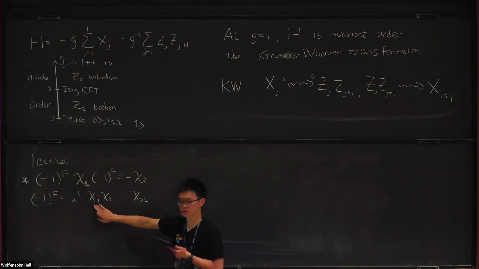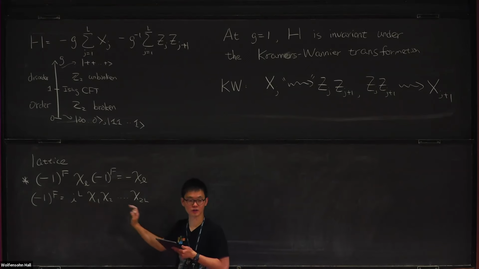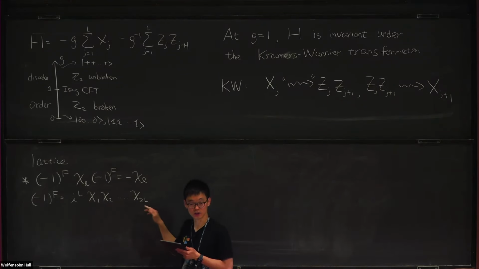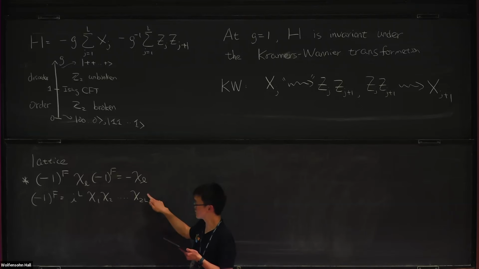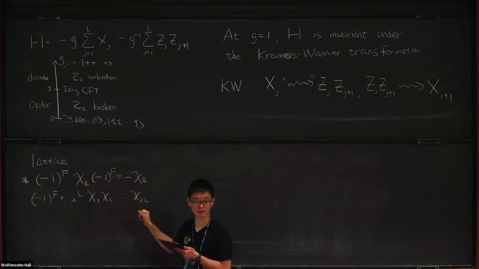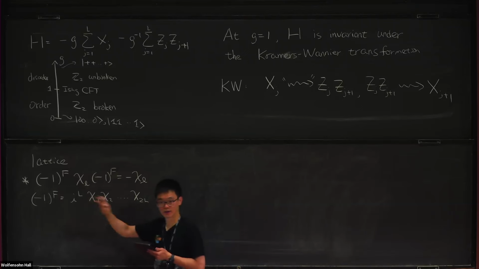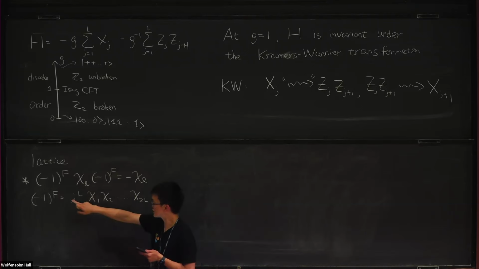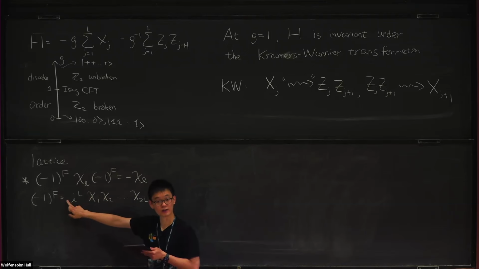And yet here we choose site 1 to start the product. If you had chosen site number 2 to start the product, you have chi2, chi3, chi4 all the way to chi2L and chi1. That operator is very similar to this, but they differ by a minus sign because all the chi's anti-commute, and we have an even number of fermions. So that is to say that for the periodic problem, there's an intrinsic sign ambiguity in how I define this operator (-1)^F.